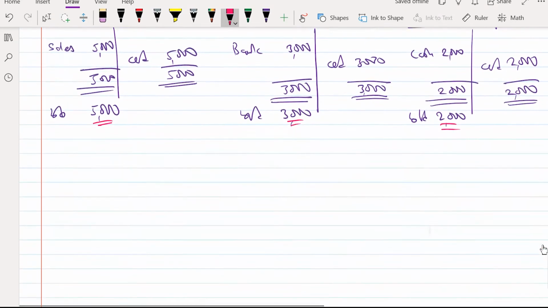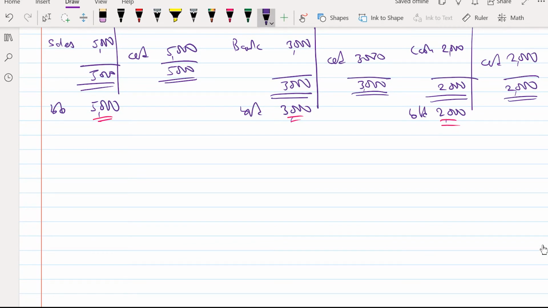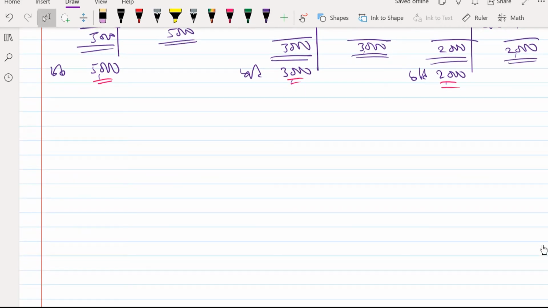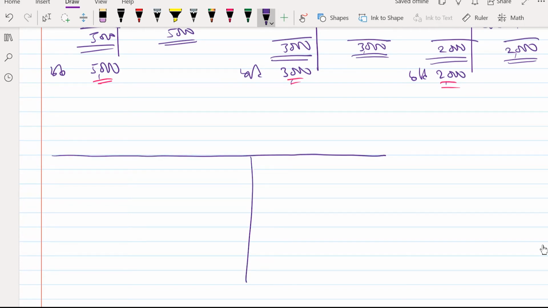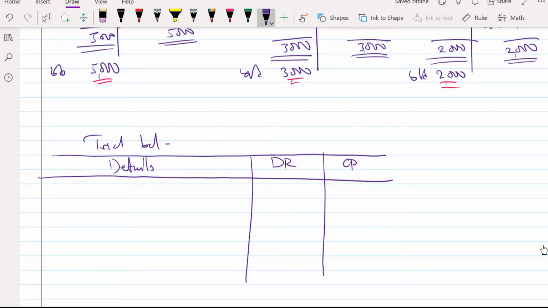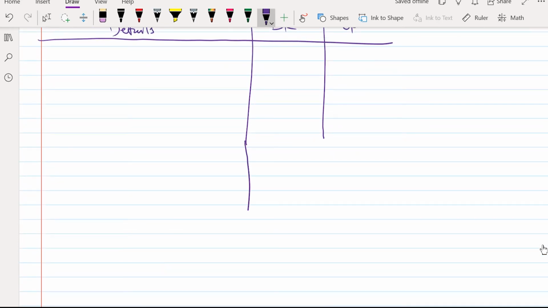In that light, we can now use this information to prepare a trial balance. So we have a trial balance, of course, as at the year end. We have the debit side and the credit side. We have the details here. So pick it one after the other and populate them in our trial balance.